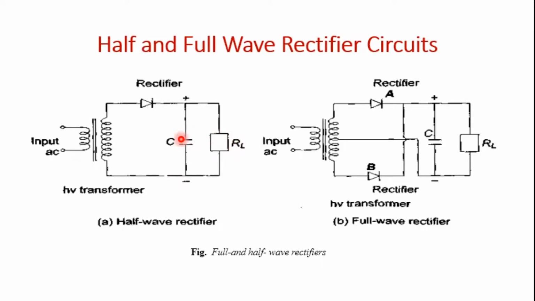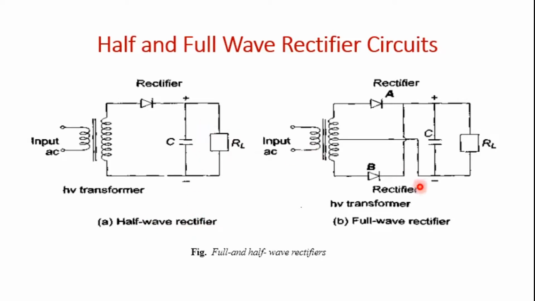The capacitor is chosen such that the product of the capacitance and RL is at least 10 times the period of the AC input voltage. The rectifier valve must have a peak inverse voltage of 2V maximum. To limit the charging current, an additional resistance is added in series with the secondary of the transformer. So this is how the half wave rectifier device works.